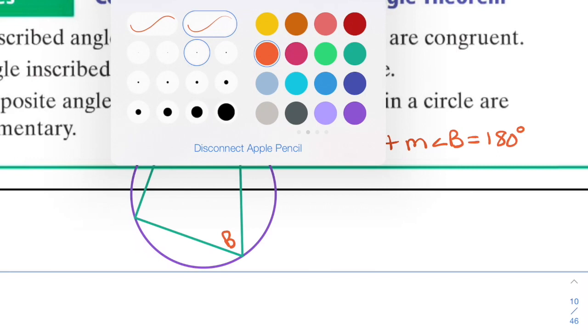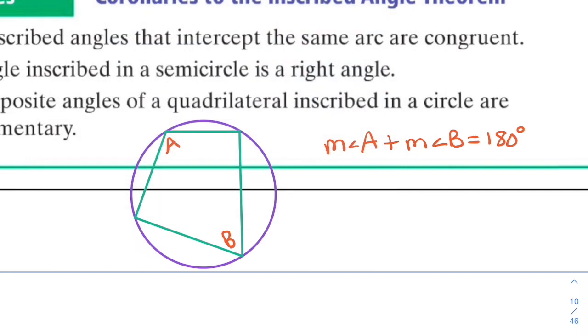And then C and D. So measure of angle C plus measure of angle D will also add up to 180. It will always work because it's literally the other half of the arc that you're talking about when you look across for the intercepted arc and the inscribed angle.